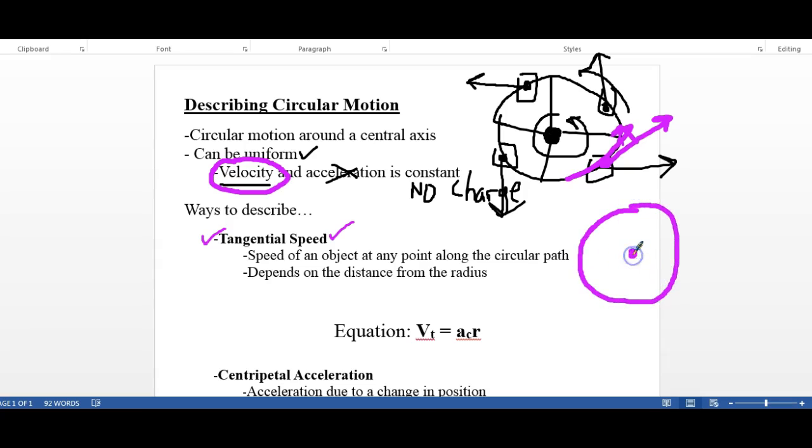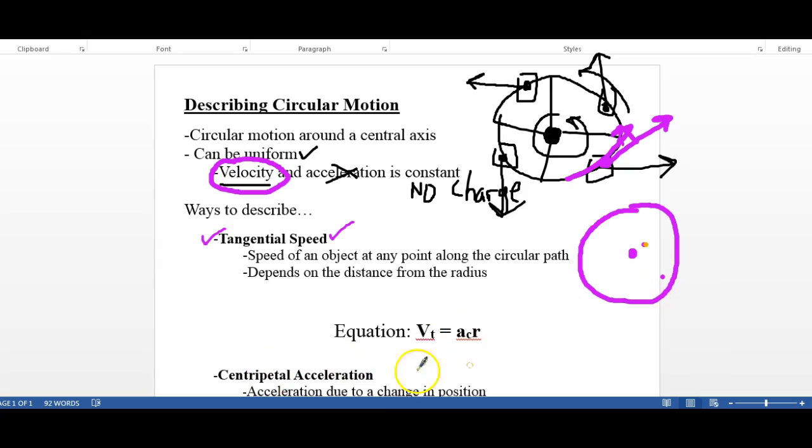It's not a very good circle, but if this was a CD and there happened to be a bug standing right here, and another bug really close to the central axis, as these then move around, we'll make this a different color.